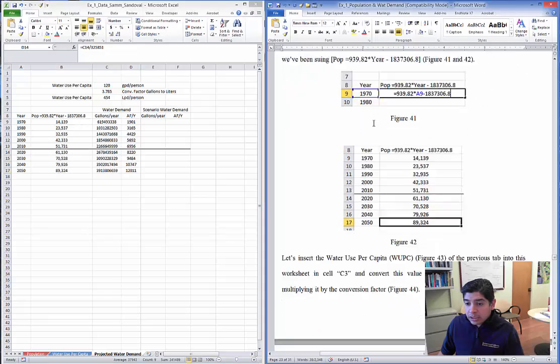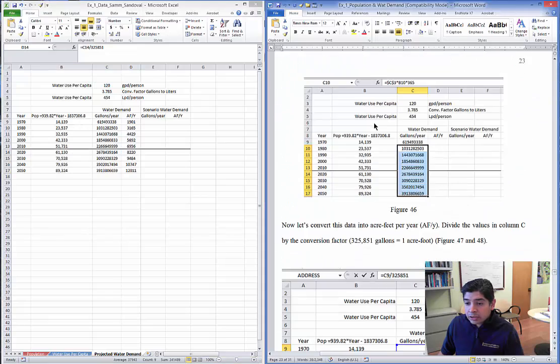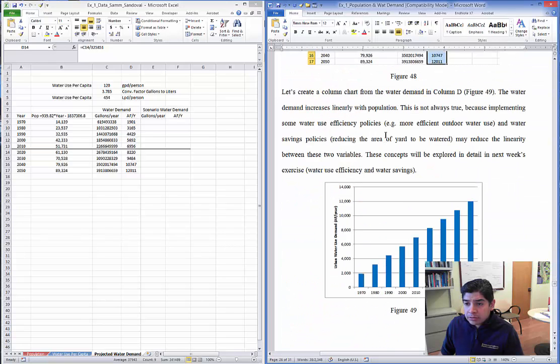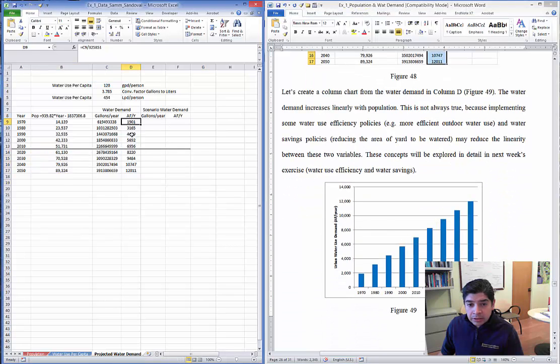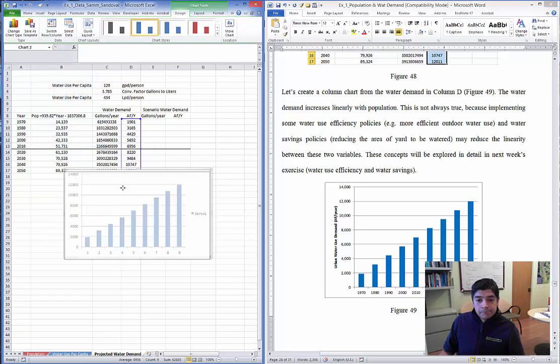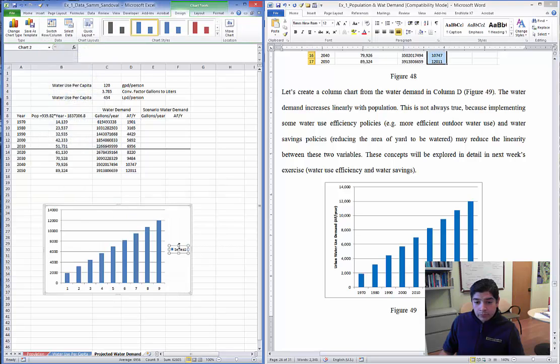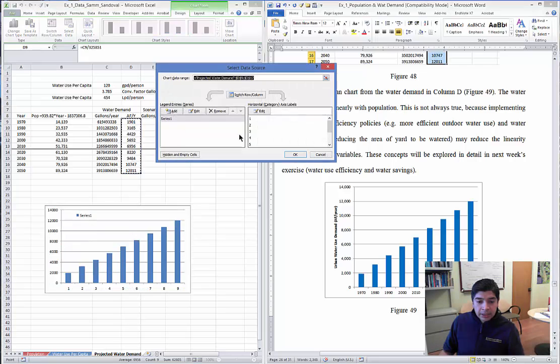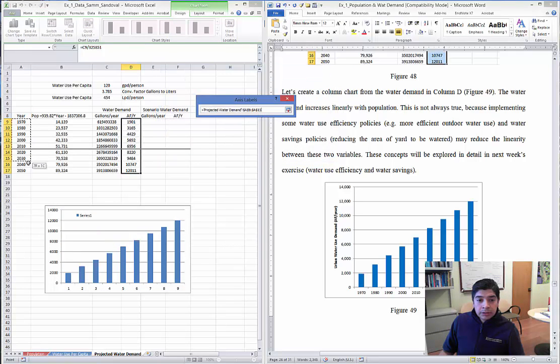Now, let's think in a scenario that actually, let's plot these values in a chart and see how they look like. Again, right click, select data, and then here we select the years.